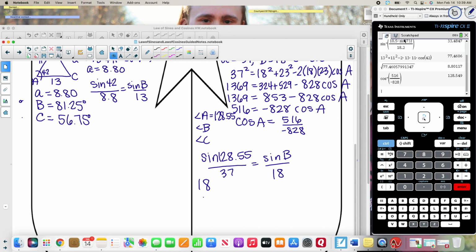That's going to be 18 sine 128.55 equals 37 sine B. 37 is multiplying, so I'm going to divide. In my calculator, I'm looking for an angle measure, so I do sine negative 1, then I'm going to do control divide. 18 sine 128.55 over 37.